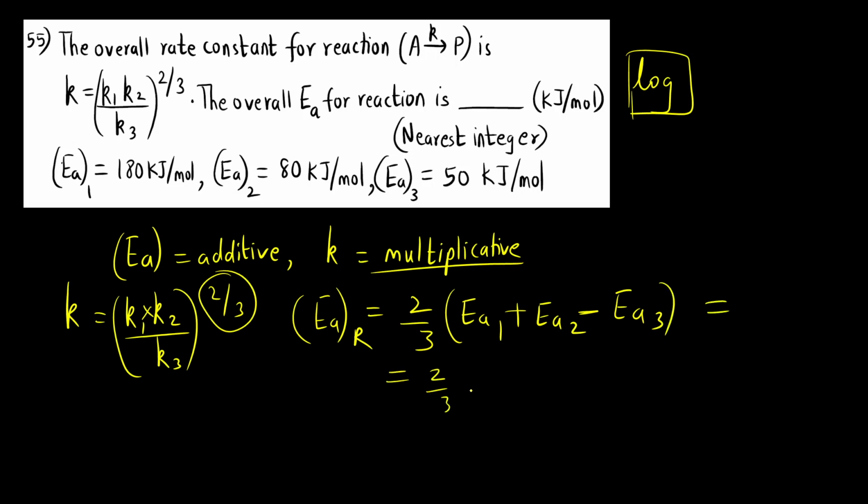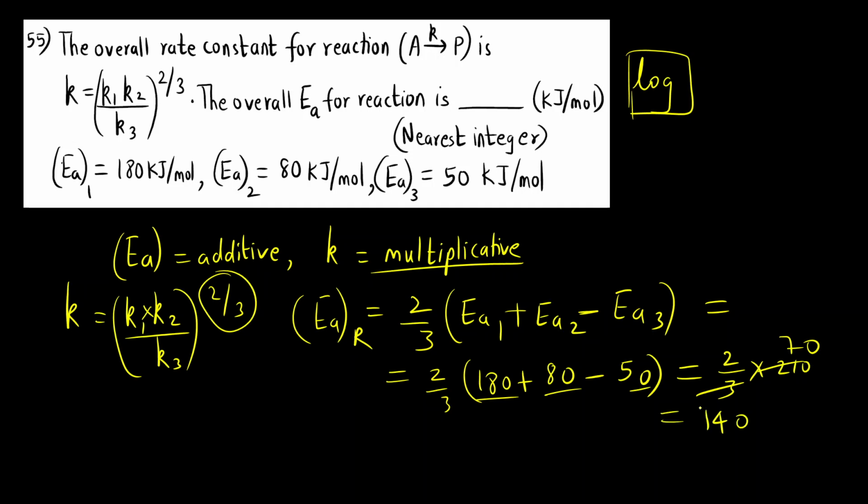Substitute the values. 2 by 3, EA1 is 180 plus 80 minus EA3 is 50. 80 minus 50 is 30. 30 plus 180 is 210. 3 ones are 3, 70s are 7, 7 into 2 is 140. The unit is kilojoule per mole. So the final answer is nearest integer 140.